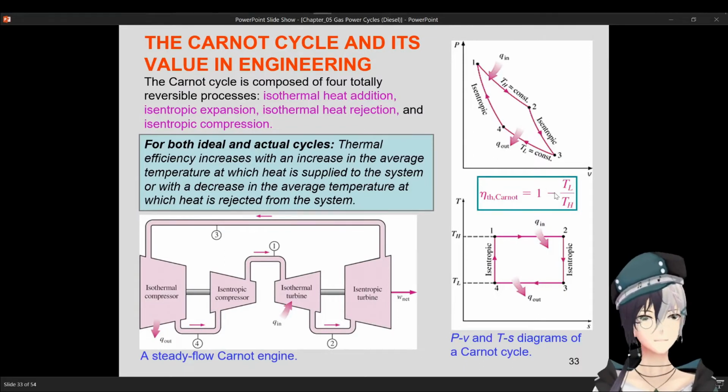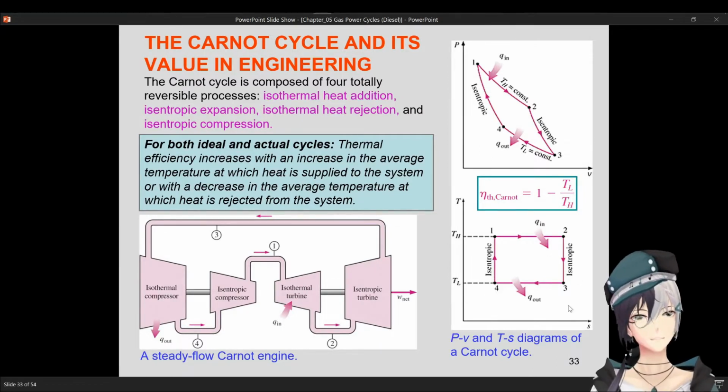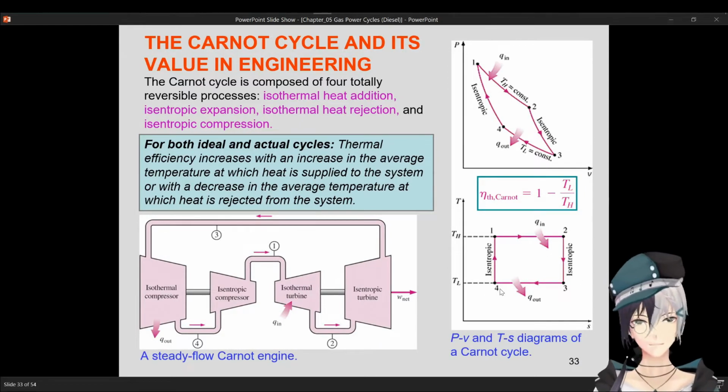Thermal efficiency is 1 minus the low temperature divided by high temperature. And for the TS diagram, with constant S you have a vertical line, isentropic, and constant T, isothermal, is a horizontal line.